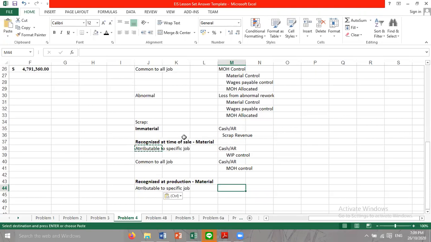We're like, oh, so there's scrap at production, which means we need to pay attention to its movement to the storage room. If we move it to storage, we debit materials control and we credit WIP control.